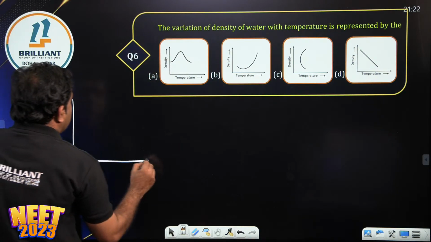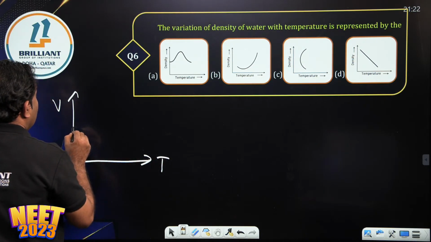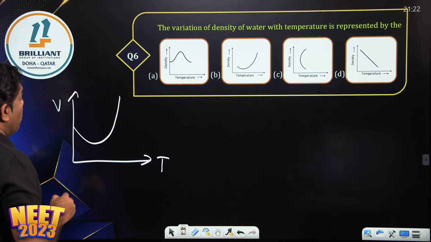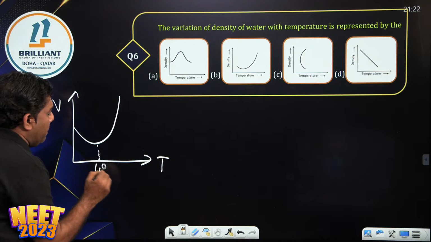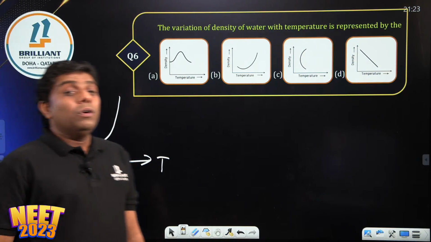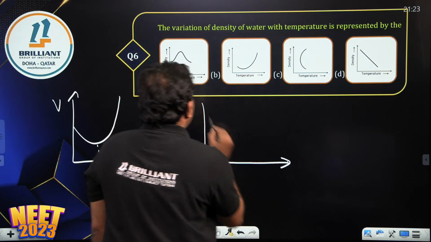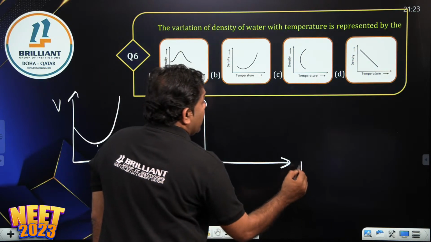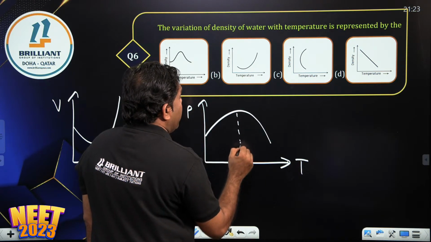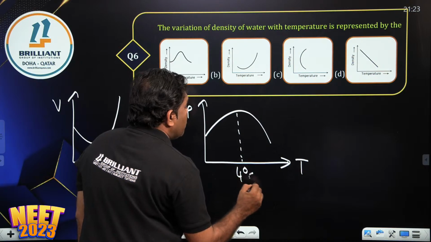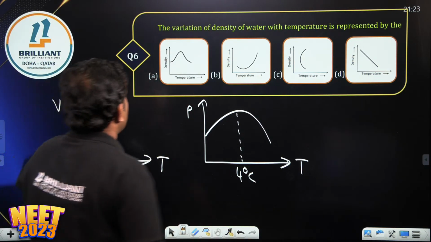Now look, if I sketch the volume temperature graph, the graph will be like this. Water contracts on heating and its volume will be minimum at 4 degrees Celsius. Now if I sketch the density temperature graph, it will be like this. At 4 degrees Celsius, the density will be maximum. So this is the graph for density temperature.